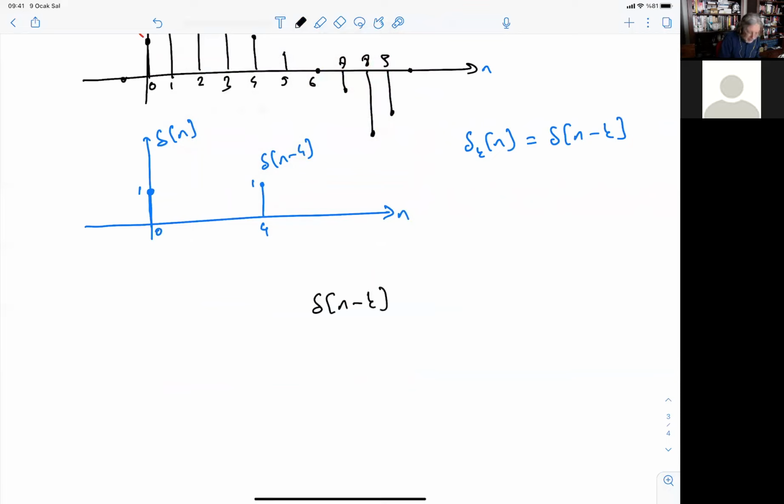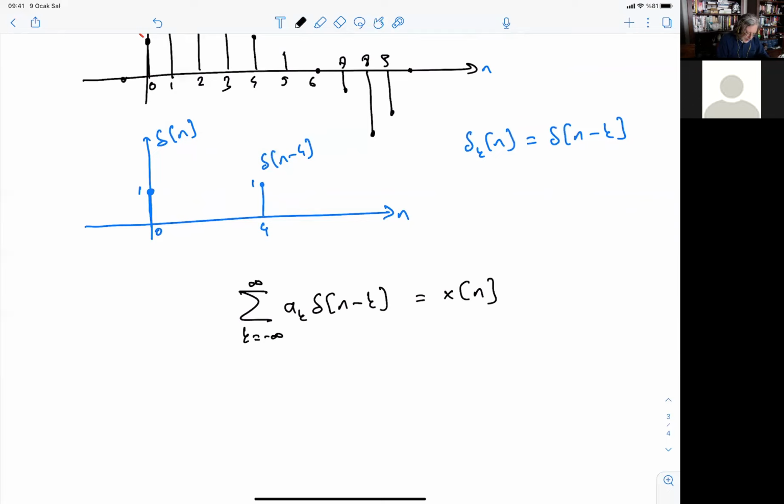And I have to multiply them with some scales because I will linearly combine them. Let me call them a sub k. For every impulse, I have a corresponding scale. And when I combine them, for all k, I'm expecting to come up with my signal, which is my x vector.